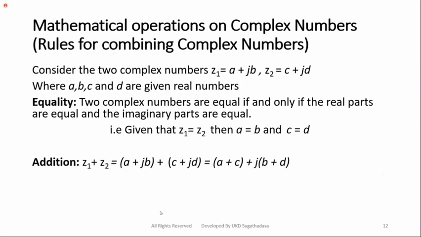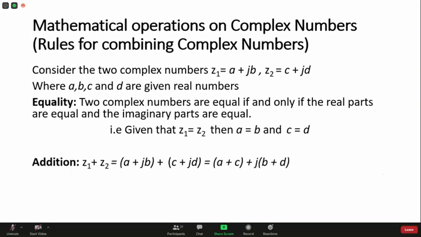Addition can be defined like this: Z1 plus Z2. First write the two complex numbers, A plus JB and C plus JD. What is the mechanism? Add the real parts together, A plus C, then J times B plus D. If you know the A, B, C, D values, the sum also becomes a complex number in Cartesian form, a number A plus C plus J times a real number.